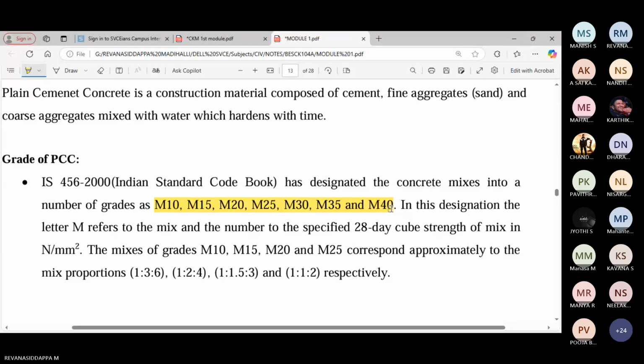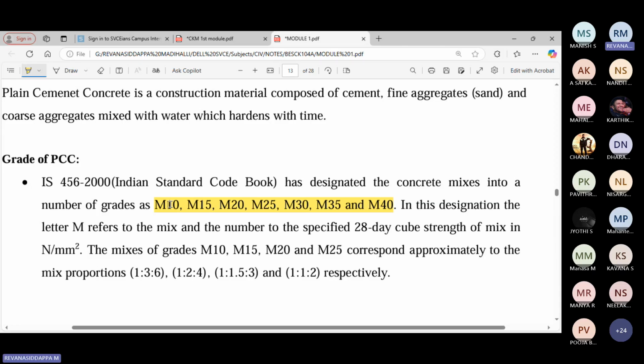These numerical numbers represent the compressive strength of the concrete after 28 days of curing. If I say M10 concrete, it means the compressive strength of the concrete after 28 days of curing is 10 Newton per mm square, or 10 megapascal.